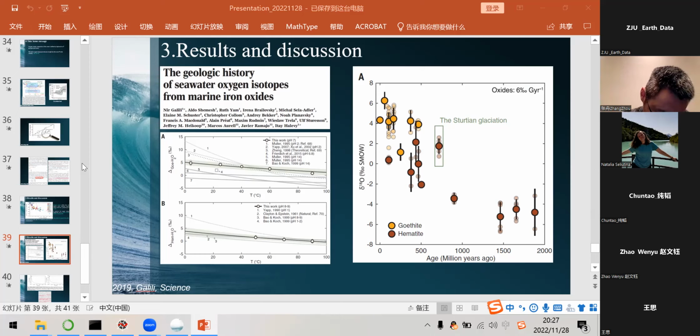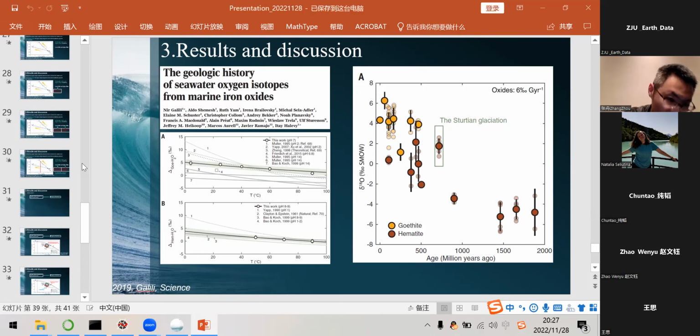This research used iron oxides, and this sample is really different, because you can see in figure B that the fractionation between iron oxides and water, the capital delta, is constant with the increase or decrease of temperature.